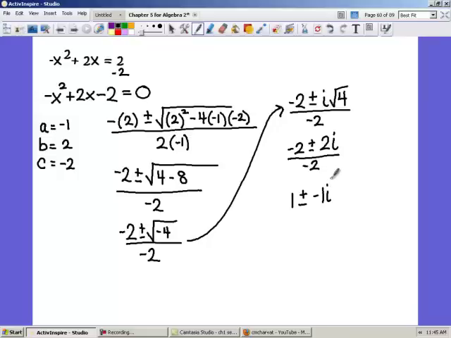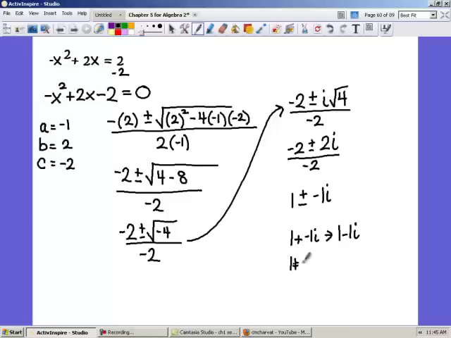So we have an a plus bi here, and we have 2 of these. So we have 1 plus -1i, which actually simplifies to 1 minus 1i.